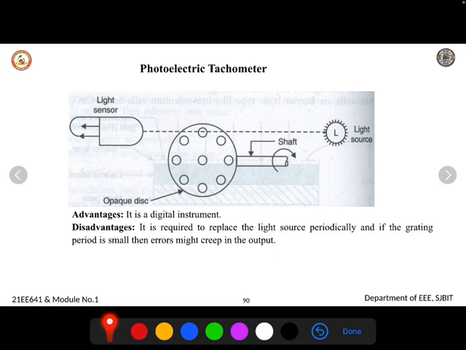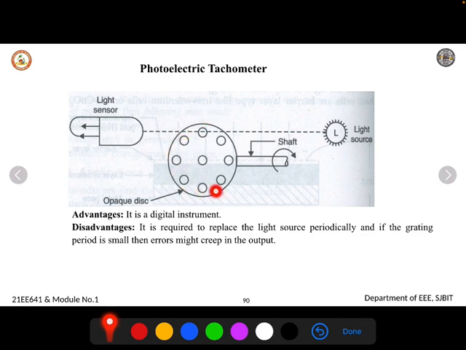This mechanism consists of a light source, which you can see here. Because it's a photoelectric type, I need a light source and a light sensor. Whenever the device is rotating, the disc also starts rotating, and this disc has some holes, which you can see here.